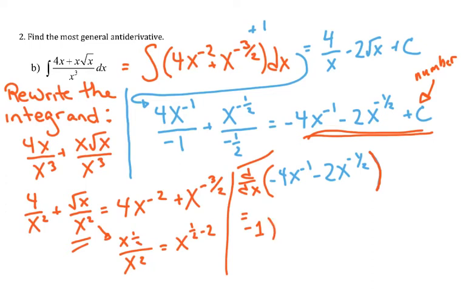Well, negative 1 times negative 4x to the negative 2 times, well, this minus 1 comes down. It will cancel that negative sign, so we get plus, and the 1/2 times the negative 2 is 1.